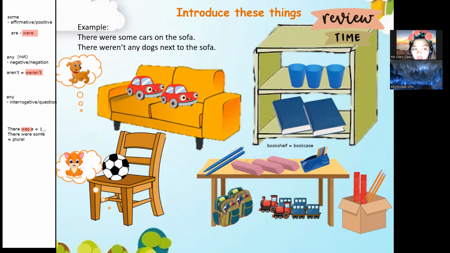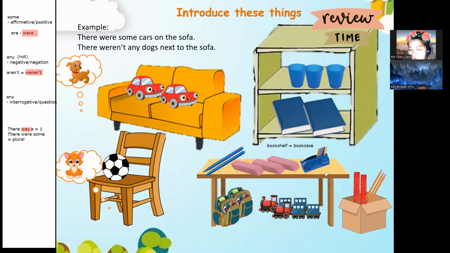Three. What are you going to use? There was a or there were some? There were some erasers on the table. Next, how many pencil cases are there? One. Pencil case. One.